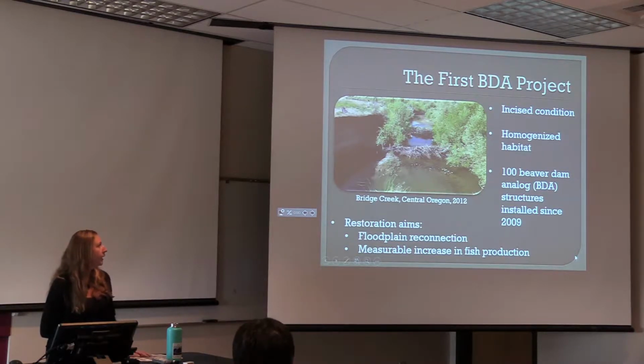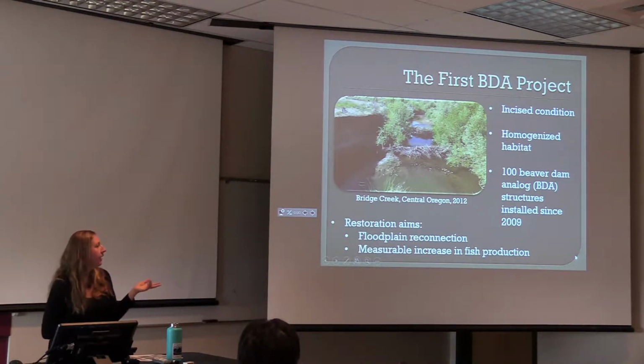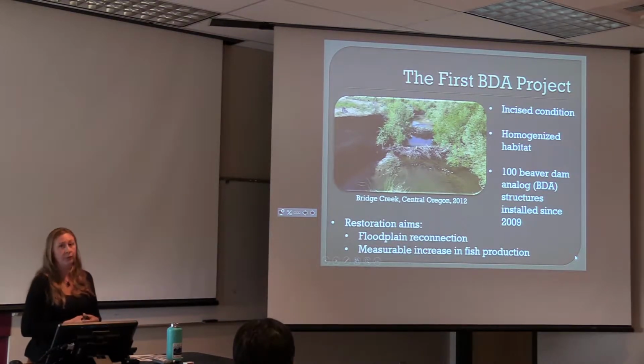Bridge Creek was incised, which leads to homogenized habitat because the incision doesn't allow for channel complexity. So they installed 100 of these Beaver Dam Analog structures, aiming to restore floodplain connection over time and see a measurable increase in fish production, which they have.